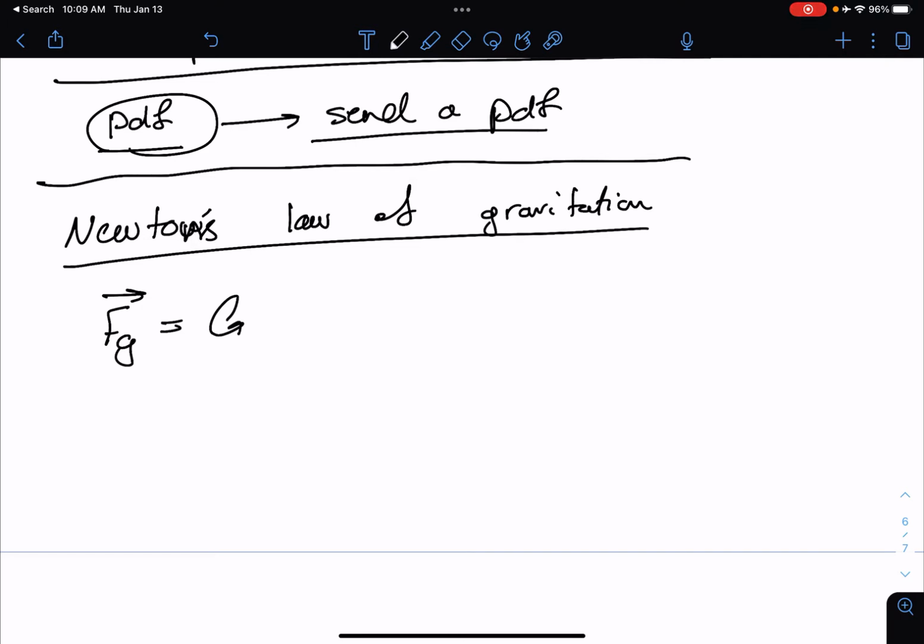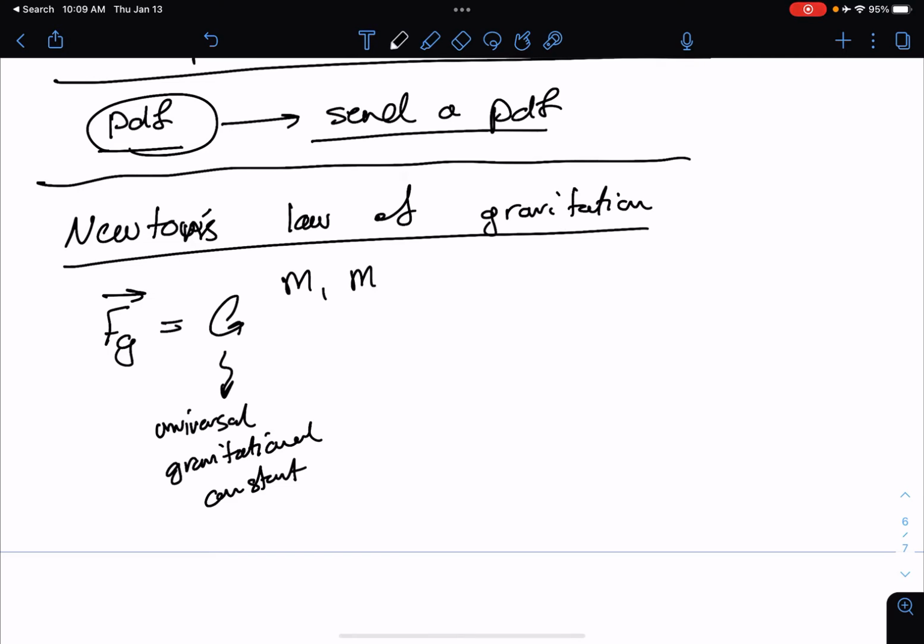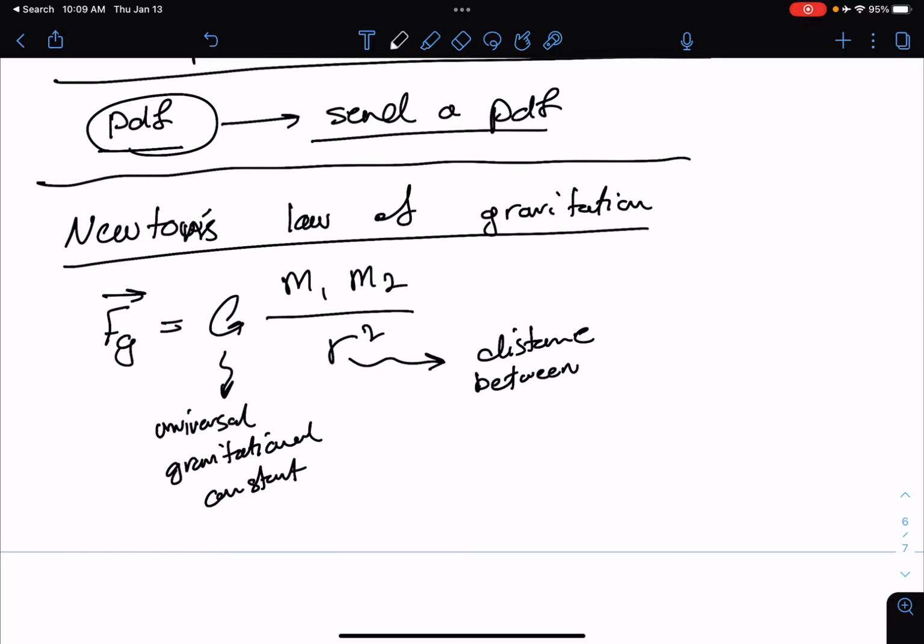It says F_G, the gravitational force, is equal to G, the universal gravitational constant, multiplied by the mass of the first object, times the mass of the second object, divided by r squared, where r is the distance between the centers of gravity or masses of the objects. Okay?